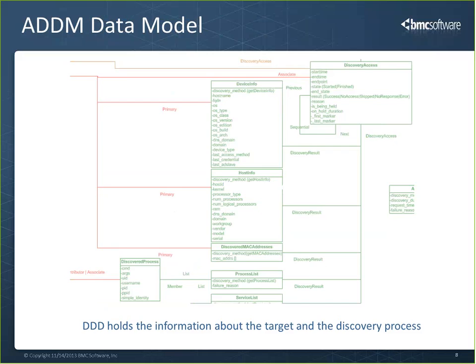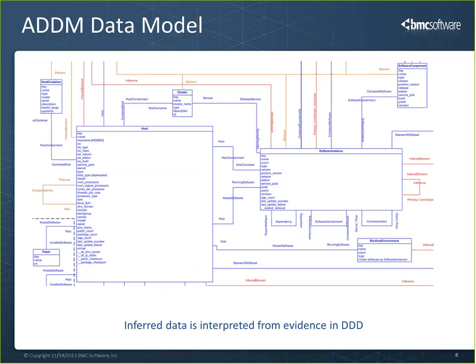On the other hand, the nodes in the inferred model are generated by ADDM based on interpreting the evidence that's in the DDD nodes. And often, they combine information from multiple DDD node types in order to create the inferred data model. So the host node, for instance, is formed from information from a number of different DDD nodes.